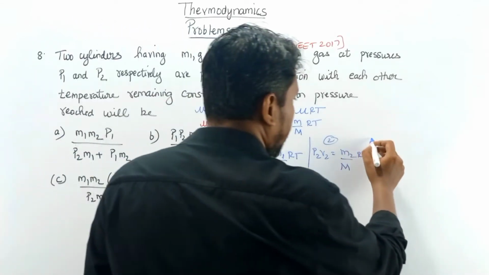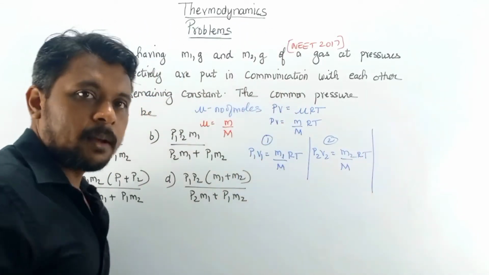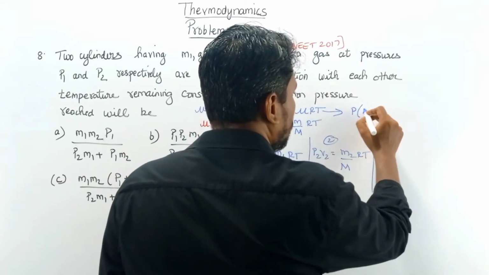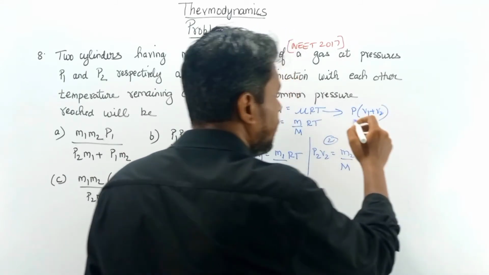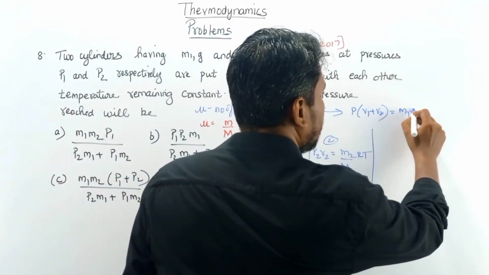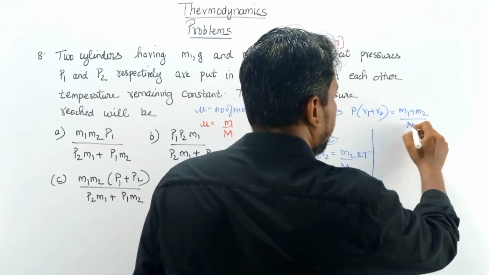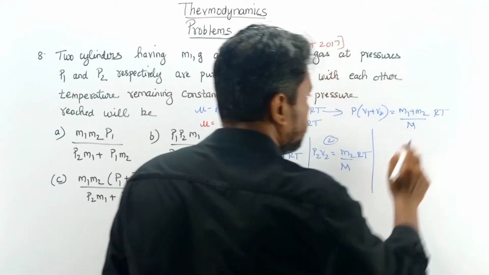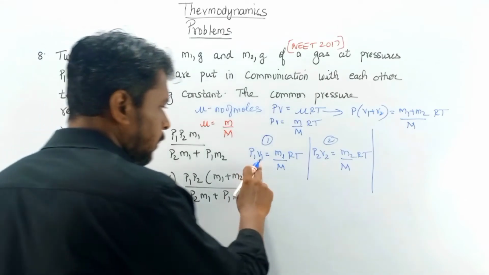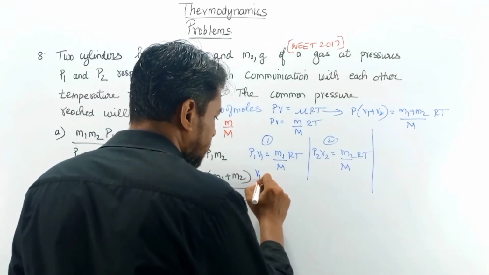Now when the gases are combined, the expression will be P into (V1 plus V2), which equals (m1 plus m2) divided by M into RT. Now from this equation I am going to write separately for V1.